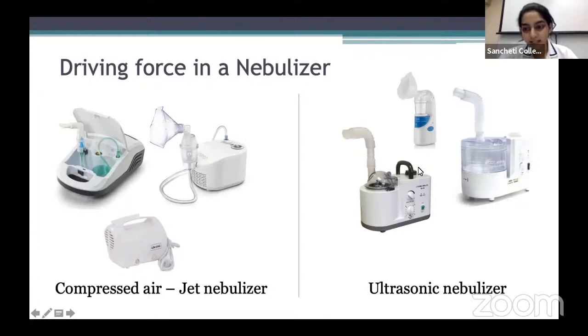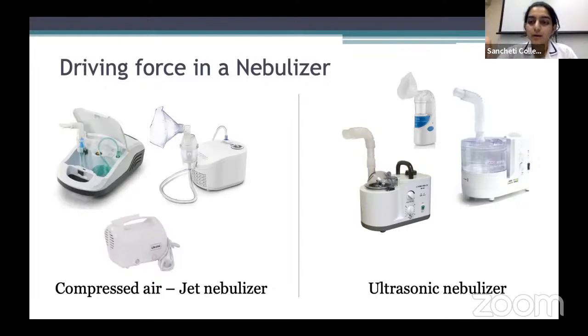And to the right, I have ultrasonic nebulizers. In ultrasonic nebulizers, the basic mechanism on which they work is the piezoelectric effect, or rather the reverse of the piezoelectric effect. You have to connect these to an electrical source, and there is a crystal inside. It basically utilizes the same mechanism that we use in therapeutic ultrasound.